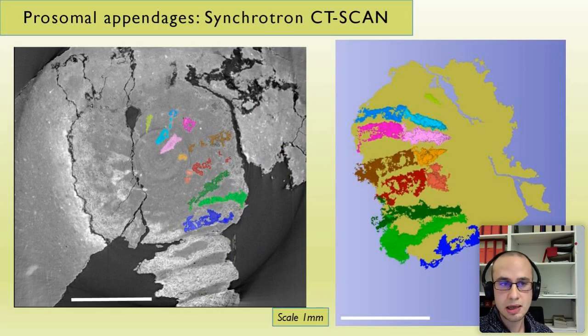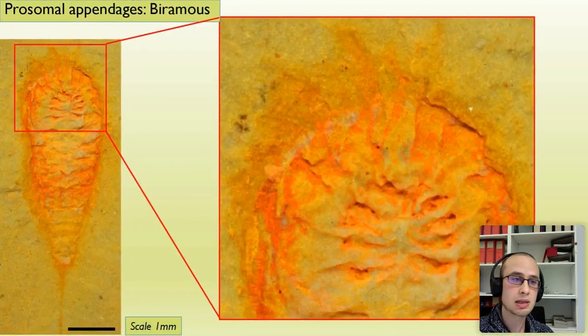On the left, there is a slice of the CT scan we did, and on the right, there is a 3D reconstruction, even if the specimens are quite flat and there is not a lot of depth in the 3D reconstruction. But you can see in lighter color the inner rami, and in the darker color the external rami. So this was the first evidence that the appendages are biramous in this taxon.